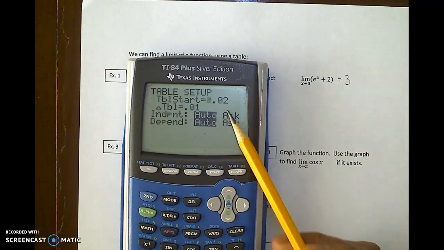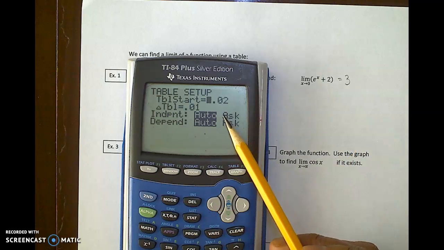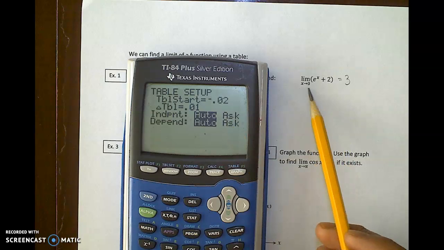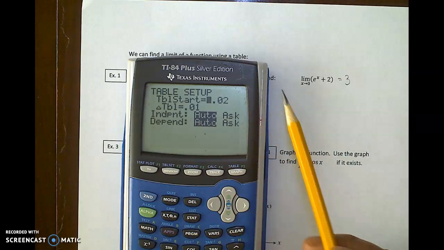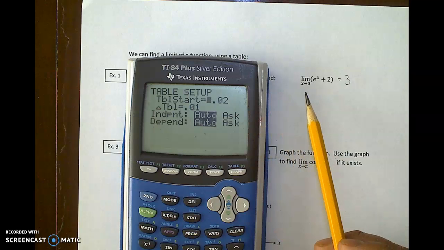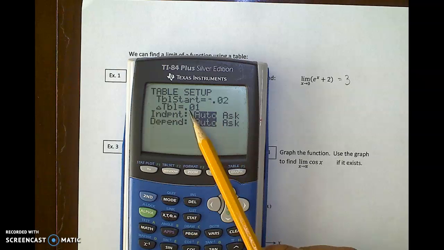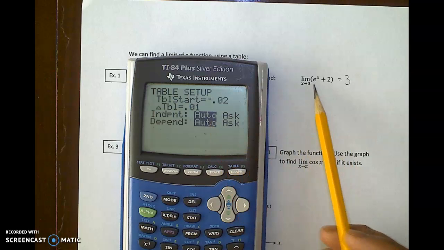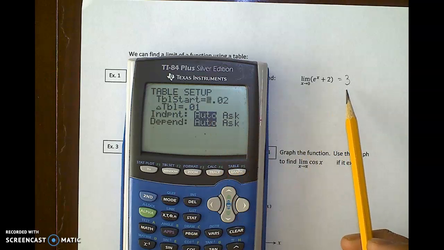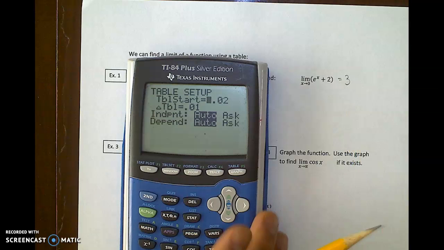Now you don't want to start your table at your c value, where x is going to. You want to start it off at some value conveniently to the left of your c value, and you want to try to pick a small enough increment to where you can see, and know for a fact, what the limit is of your function.